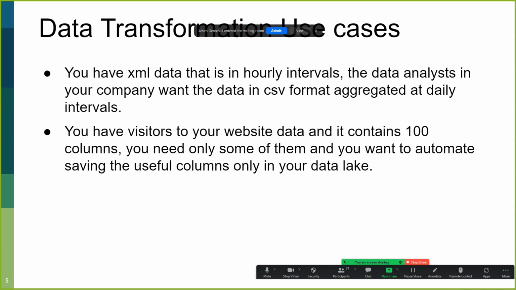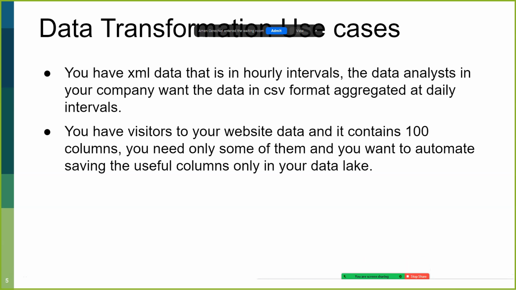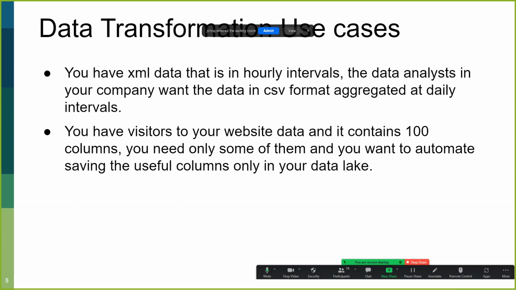Some of it is useful for you, some of it is not. You are not interested in some of it. So you may want them to land it in some folder. Then from that folder, you may want to process the data and save only the columns that are of interest to you to some data lake, and the rest you may want to back up or delete. This is another use case of data transformation.